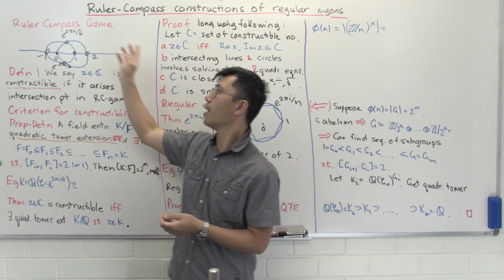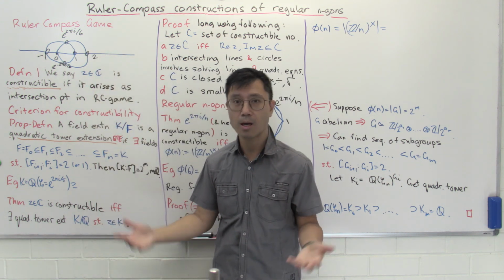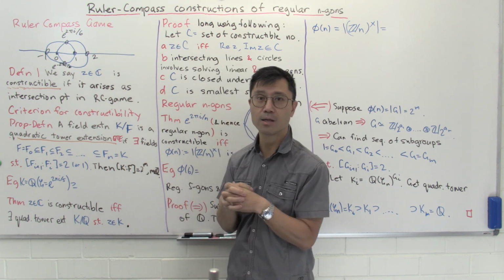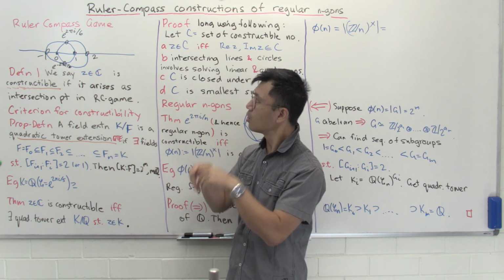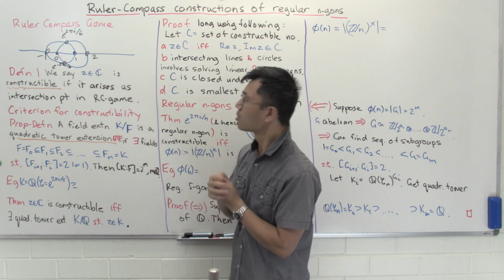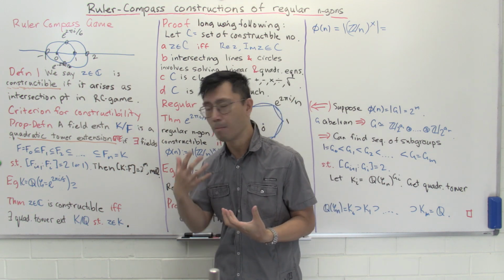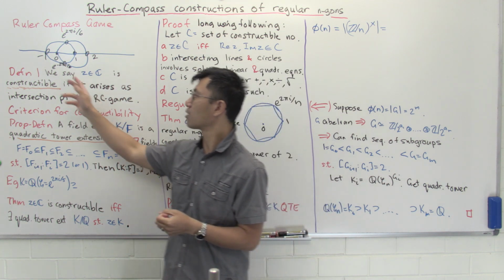Okay, and then I'll get a bigger configuration of lines and circles, and I can look at all the intersection points and so forth. And eventually, you'll draw lots of things, lots of figures can be drawn as a result. So the definition I want to introduce, which is the most convenient to describe the mathematical results involved, is the following.